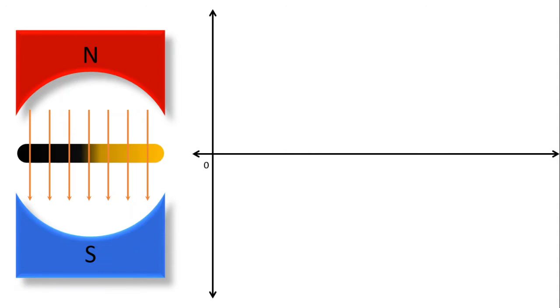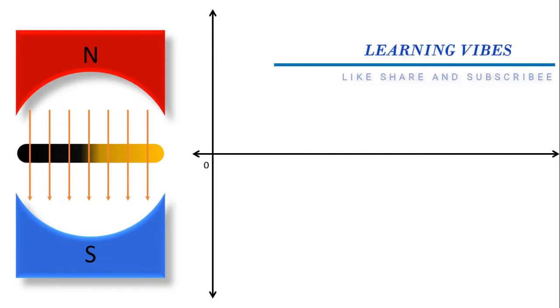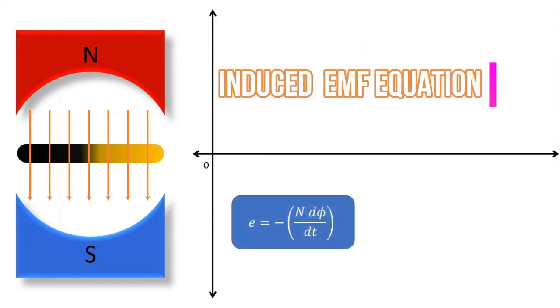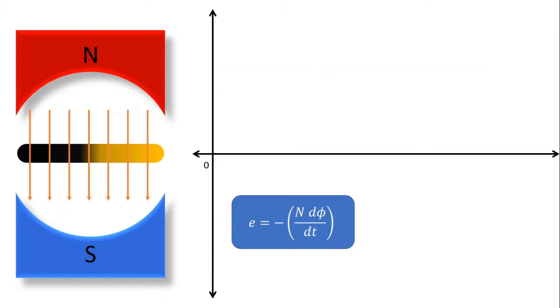Before giving motion to this conductor, let's understand through which equation EMF will be induced in this conductor, and that equation is E is equal to minus N d phi by dt, where the minus sign represents the direction of induced EMF and N represents the number of turns. d phi by dt is the rate of change of flux with respect to time.